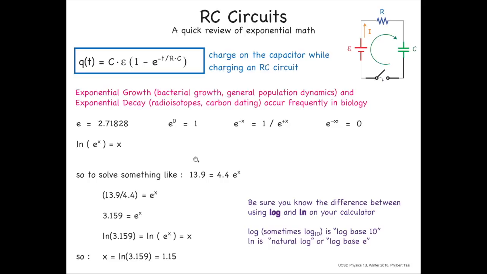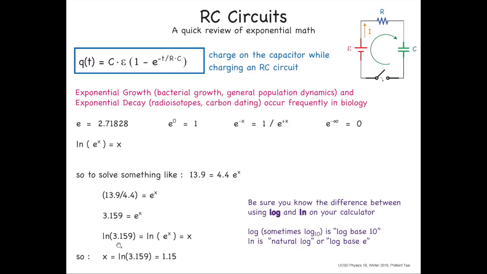So if we're going to solve an equation, let's say you have an equation that says 13.9 is equal to 4.4 times e to the x, and we want to know what x is. Well, then what you do is you isolate the e to the x term. 13.9 divided by 4.4 is equal to e to the x, which gives us 3.159 is equal to e to the x. And then to get the x by itself, we want to take the natural logarithm of both sides.